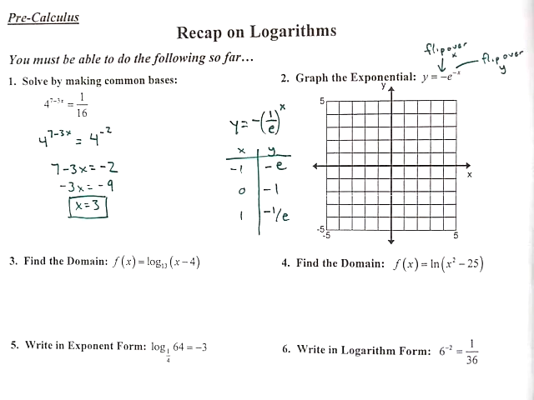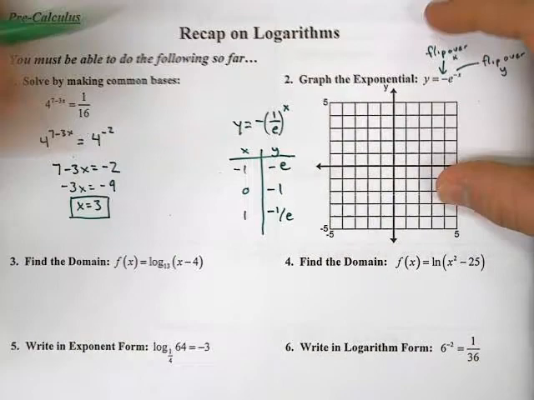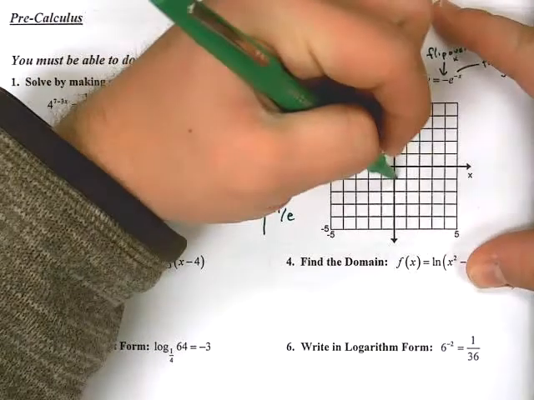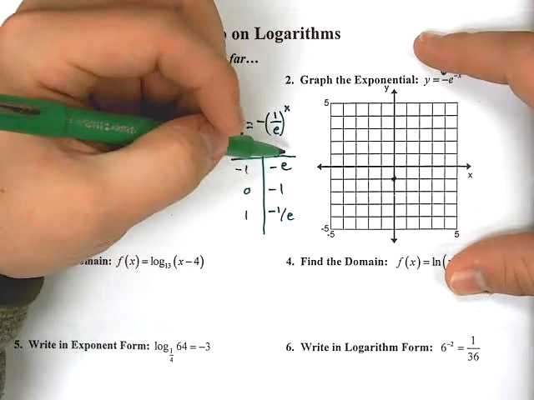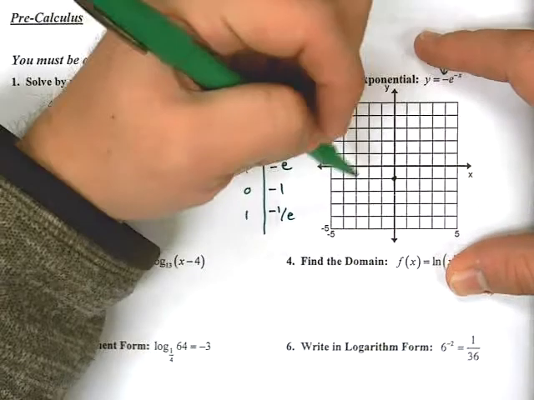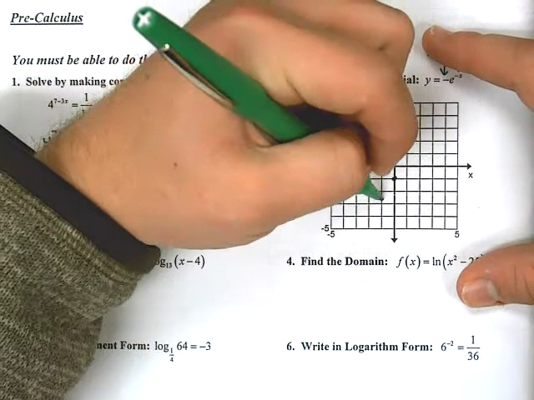Alright, now that you have these 3 points, just do the absolute very best job you can to plot them. So 0, negative 1 is nice and easy. Negative 1, negative e, you guys got to remember, e is about 2.7. So negative e would be about there.